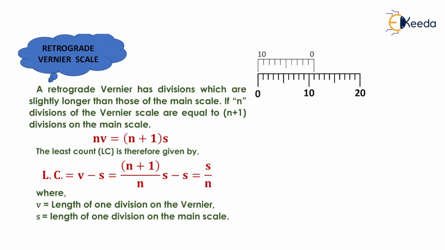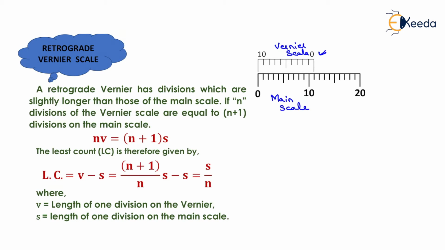Now the next one is retrograde vernier scale. In retrograde vernier scale, this is the main scale and the one above is known as the vernier scale. In retrograde vernier scale, the nth division of vernier coincides with the n plus 1th division of main scale.